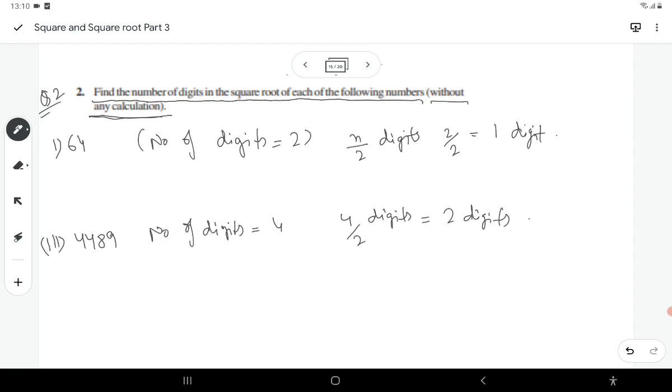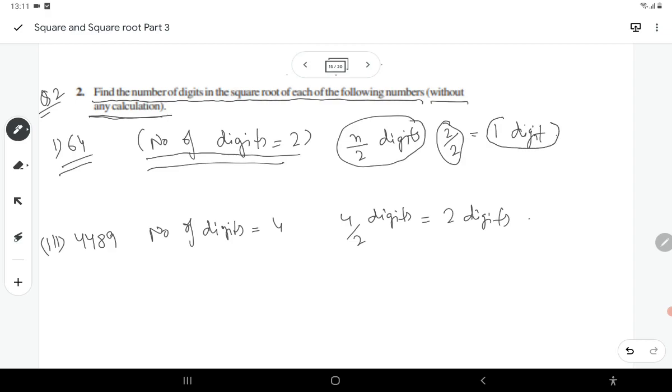That concept we are going to use in this question. So here is 64. Number of digits is 2. So the number of digits in the square root would be n by 2. So 2 by 2 comes out to be 1. So in the square root there would be 1 digit.